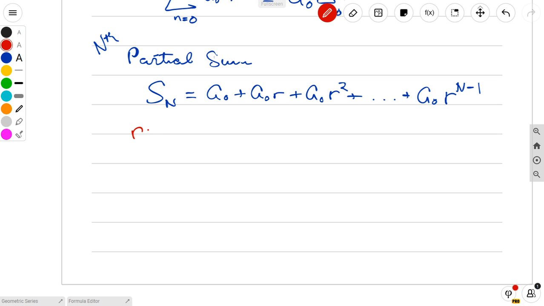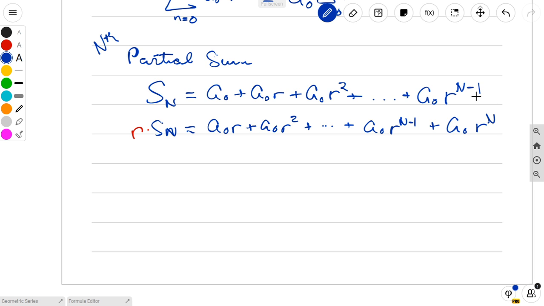So on this side is going to be r times s, the nth partial sum. And over here, we're going to have a sub 0 r plus a sub 0 r squared, and so on until we get to a sub 0 r to the n minus 1 plus a sub 0 r to the capital N.